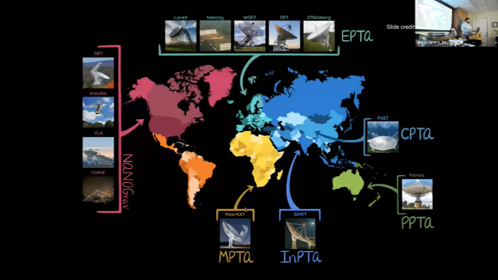If we combine with, say, the Parkes pulsar timing array in Australia, which sees the southern sky, they see more pulsars, and so we can correlate between more pulsars and get a better idea of what our gravitational wave signal looks like. All right, so that is all of our pulsar timing arrays, though.